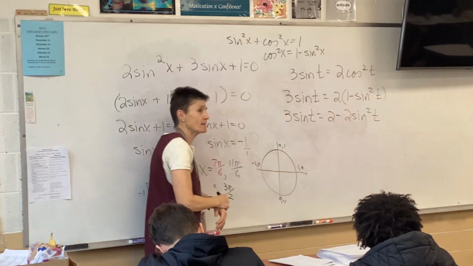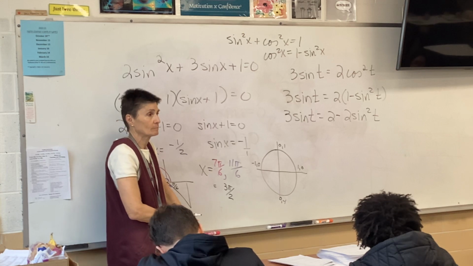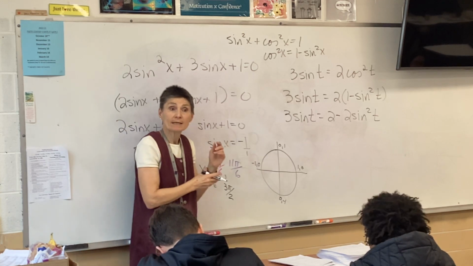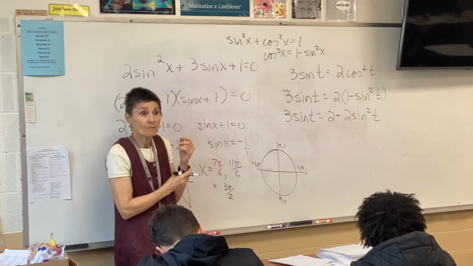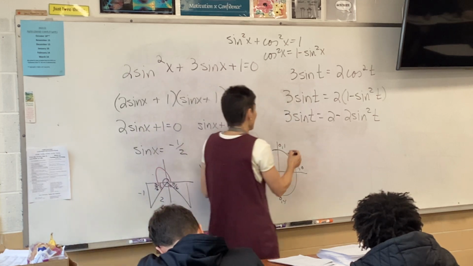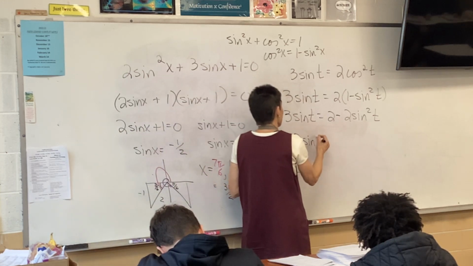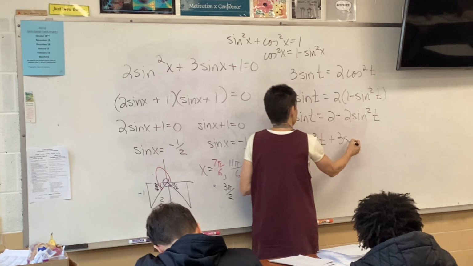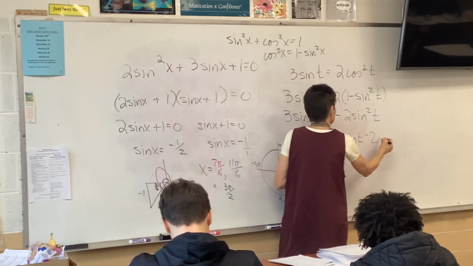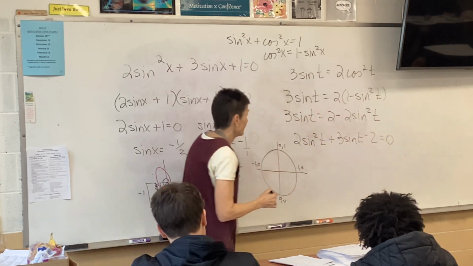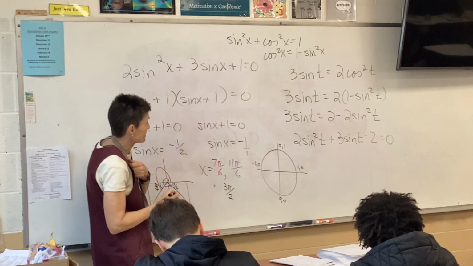What do you suggest we do with that? Move it all over and get it set equal to 0 because it's a regular quadratic equation. So 2 sine squared plus 3 sine minus 2 equals 0. Keep an eye on my arithmetic, I'll have to do another careless thing. Is that all right?